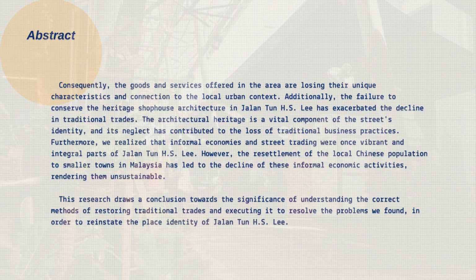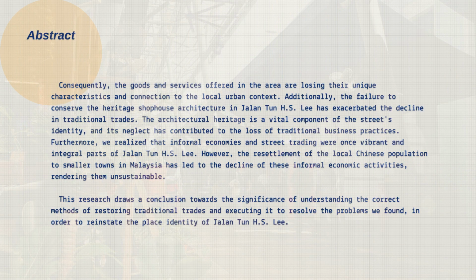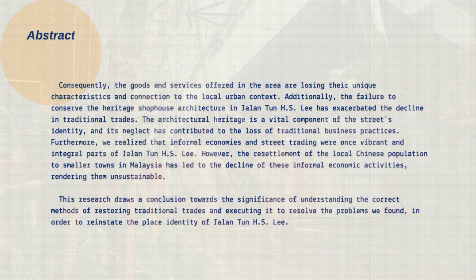Consequently, the goods and services offered in the area are losing their unique characteristics and connection to the local urban context. Additionally, the failure to conserve the heritage shophouse architecture in Jalan Tun HS Lee has exacerbated the decline in traditional trades. The architectural heritage is a vital component of the street's identity, and its neglect has contributed to the loss of traditional business practices.